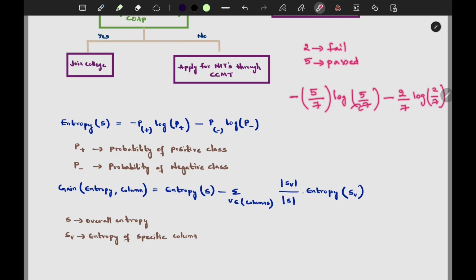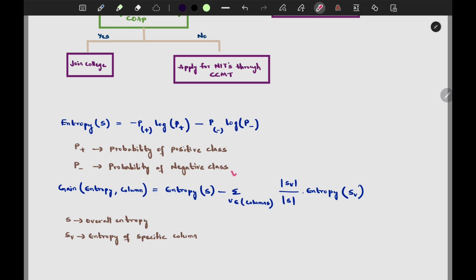But please make sure this is log base 2. If you take some other base, you'll get other values which will not be correct. So this is the formula of the entropy.